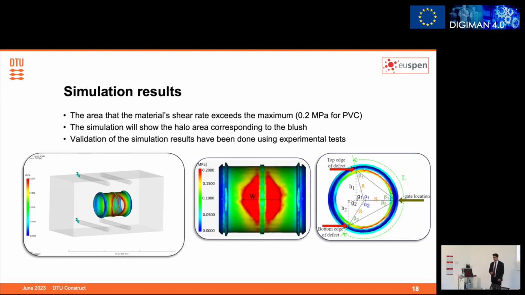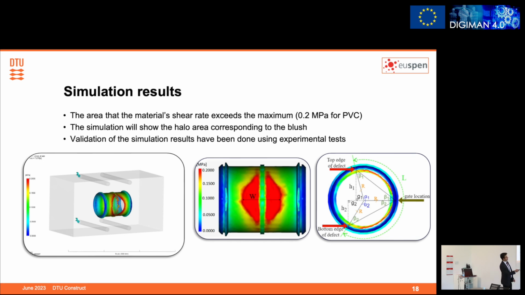And how did we measure blush defect? In experimental tests, we can simply measure the dimensions of blush defect and calculate the area, because the shape of blush defect is almost an ellipse. So we can use the equation for the area of an ellipse to calculate the area of blush defect. But in simulations, we need to measure two lengths.